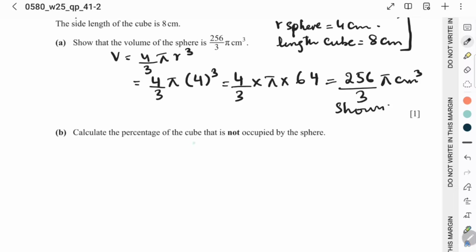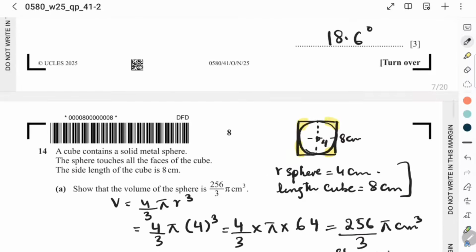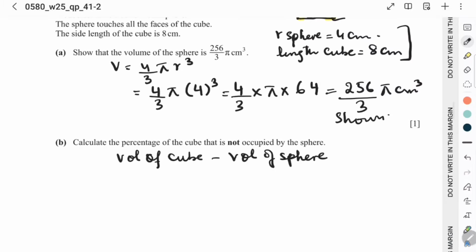So we find out the volume of cube minus the volume of sphere. We'll get the difference, the part which is not covered by the sphere. Divide by the volume of the cube, and then we multiply by 100.